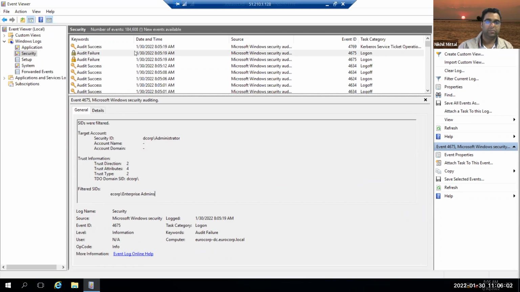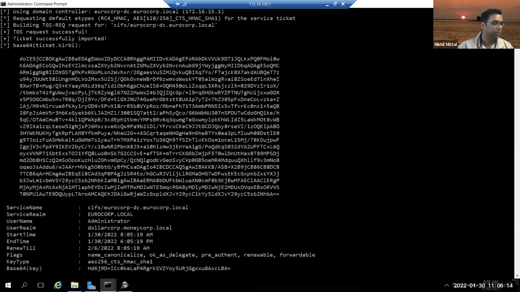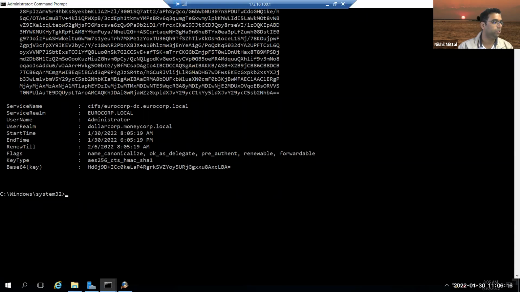And this is pretty interesting. I mean, the SIDs were filtered, the SID history was filtered from this ticket, but you would still be able to access whatever you should as a normal user. I mean, not as the enterprise admin of EuroCorp.